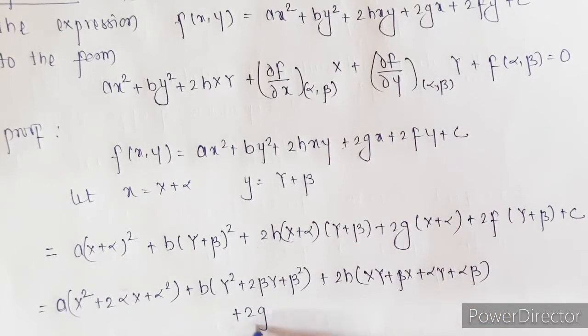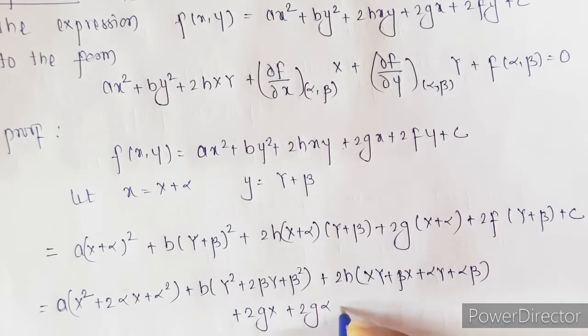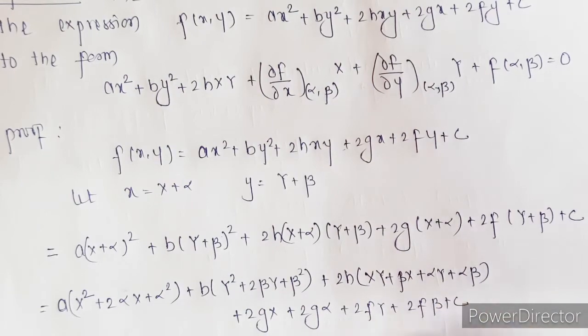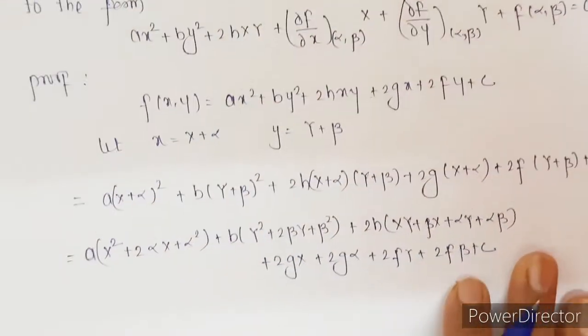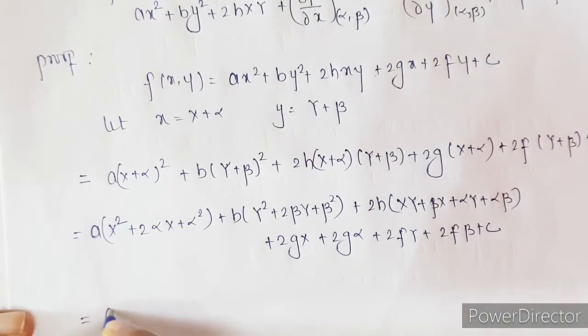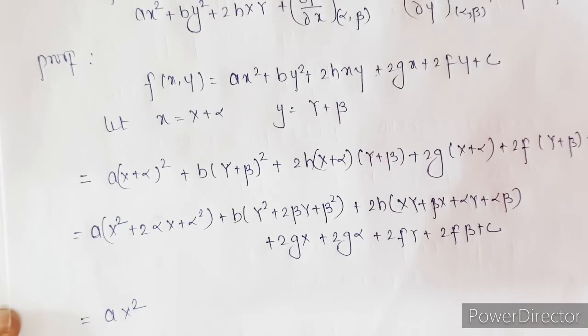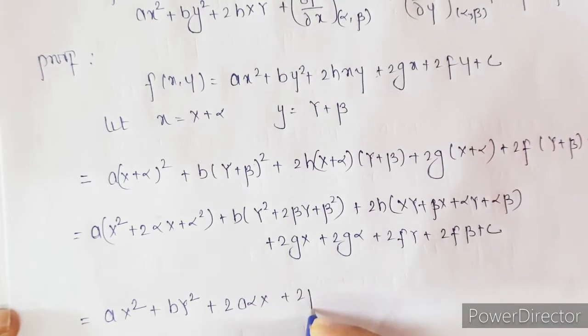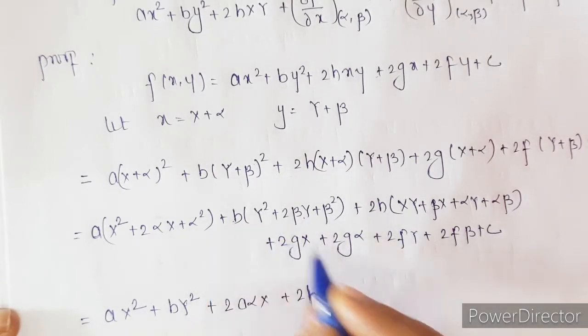Then next we have 2gX plus 2g alpha, 2fY plus 2f beta plus c. Now let's take all the X terms to one side. So we have aX square, then b Y square. Next will be 2 times a alpha X, 2 times b beta Y.